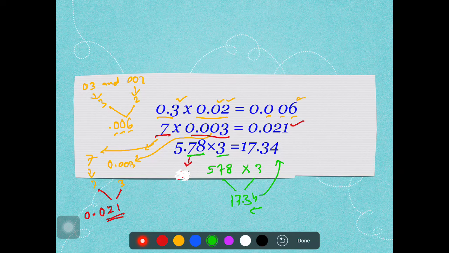Let us take one more example. Suppose we want to multiply 5.29 into 2.1. Okay, 5.29 into 2.1. Just like other multiplication, we shall do it. 529, here we have 21.